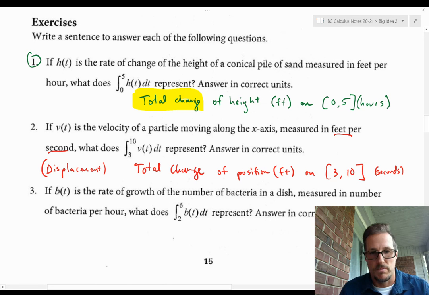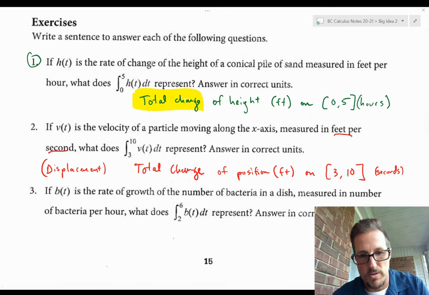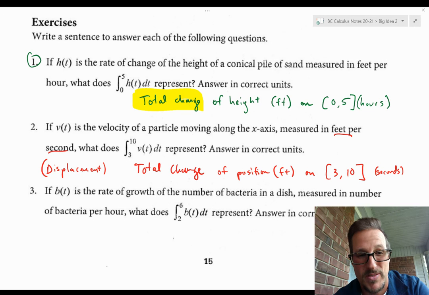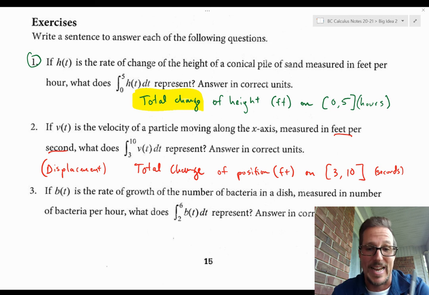Okay, third one. B of t is the rate of growth of the number of bacteria in a dish, measured in number of bacteria per hour. What does the integral from 2 to 6 of b of t represent? Again, b of t is a rate of change. V of t was a rate of change. H of t was a rate of change. See where this is going? If I integrate a rate of change, I get total change on the interval.